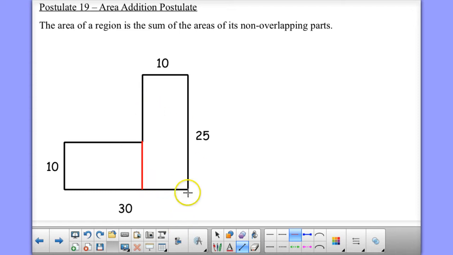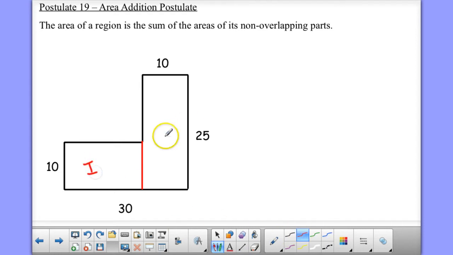Let's work with the vertical line here, and let's call this region 1 and this region 2. To find the area of region 1, I need to take the base of the rectangle times the height. And unfortunately, right now, I only know that the total length here is 30.